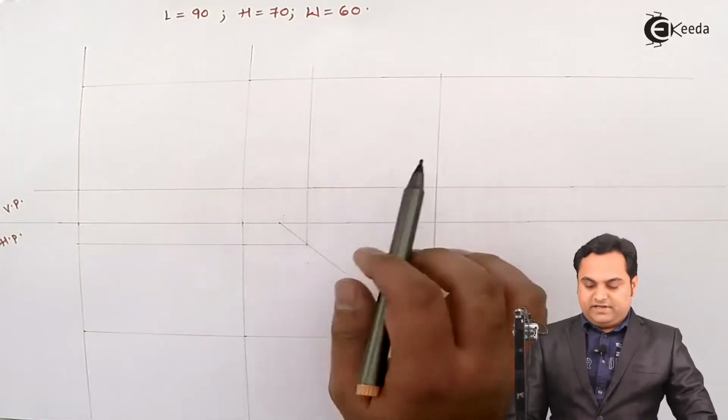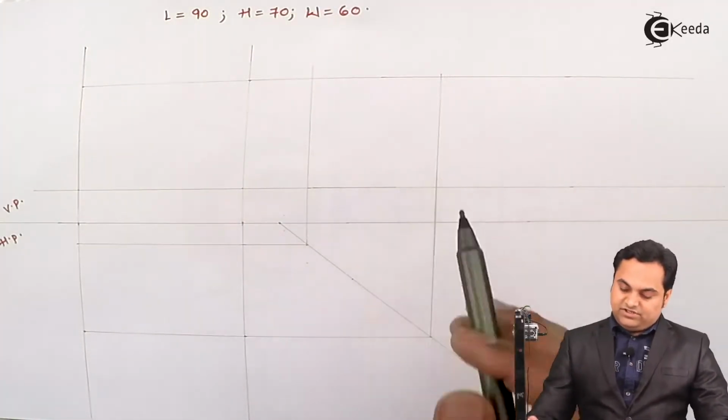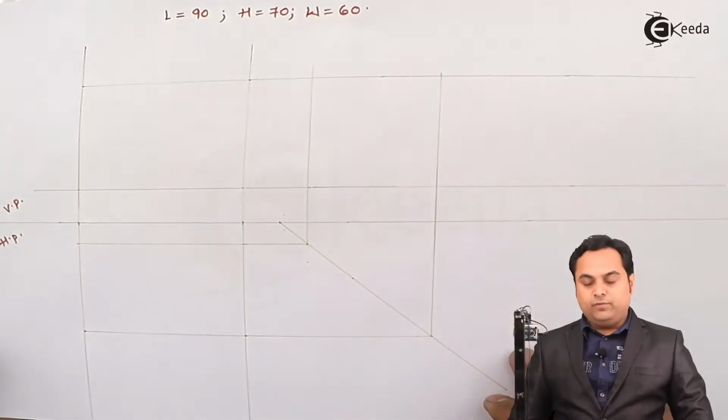So here there is a rectangle of height 70 and width 60. Inside this I am going to draw the side view.